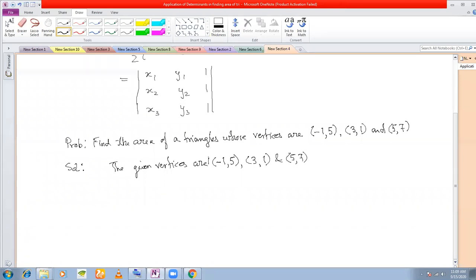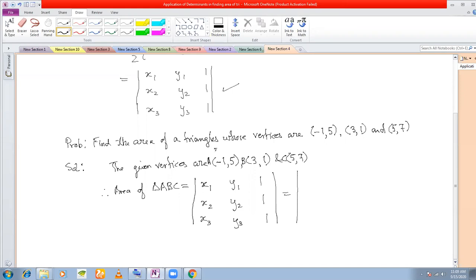Let us call this point A, this point B, and this point C. Therefore, area of triangle ABC is equal to half of the determinant x1 y1 1, x2 y2 1, x3 y3 1. Remember this determinant, okay?